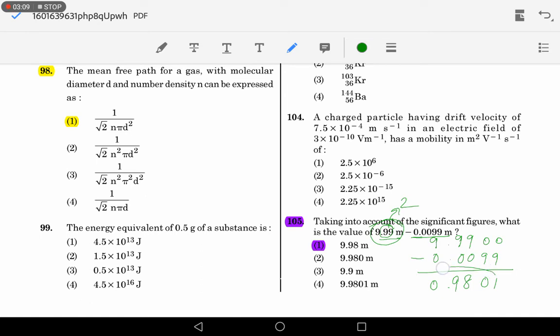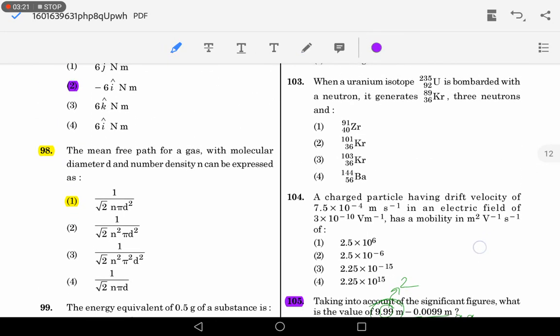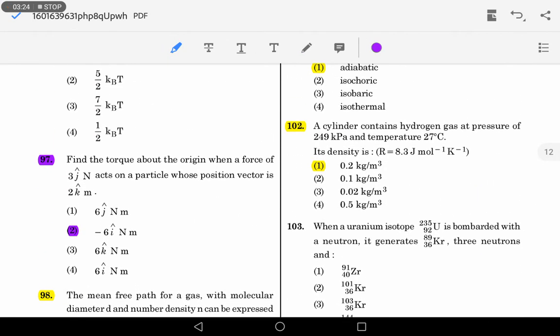So even the final answer, the sum or difference, must carry only that many decimal places. So neglect the extra digits. This question can be asked even more complicated, which we will discuss further in our next video.